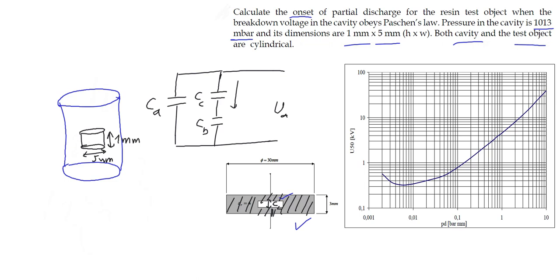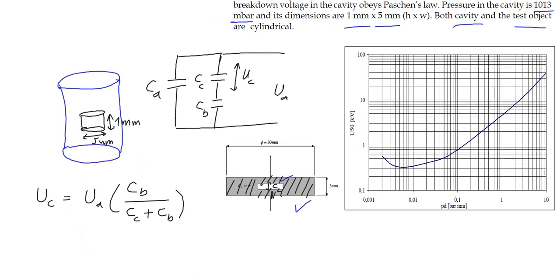So voltage across the cavity UC is equal to UA multiplied by CB over CC plus CB. So that's the voltage across the cavity.